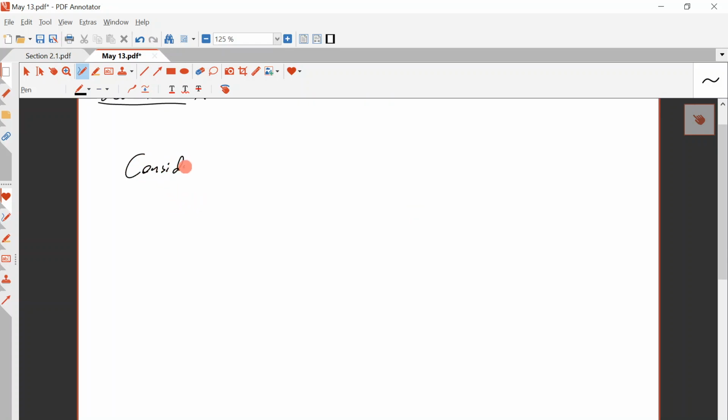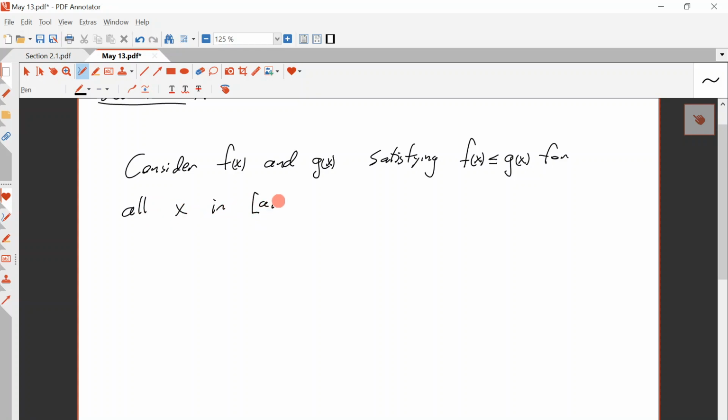And the basic problem in this section is as follows. Consider two functions f(x) and g(x) satisfying f(x) is less than or equal to g(x) for all x in the interval from a to b.